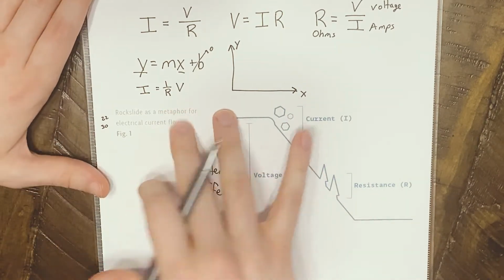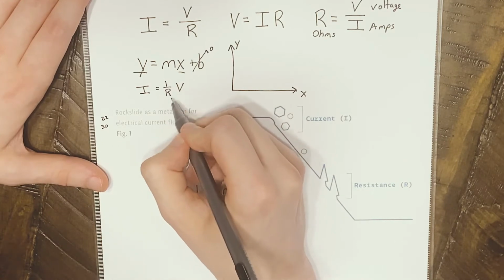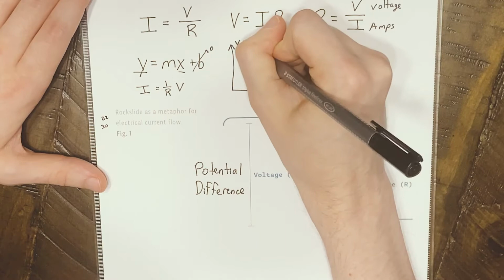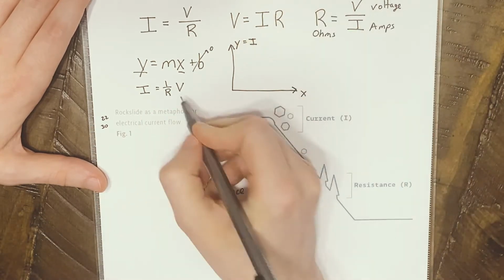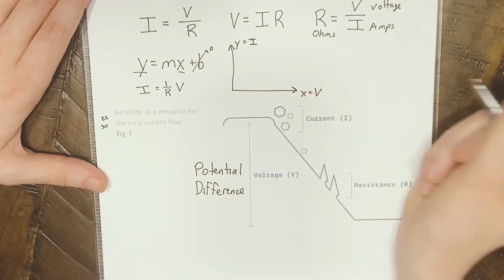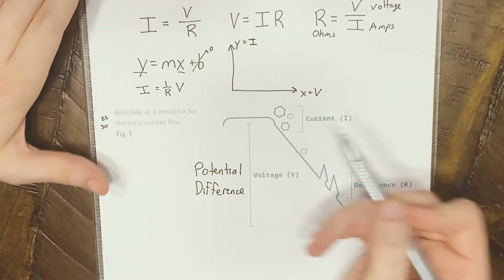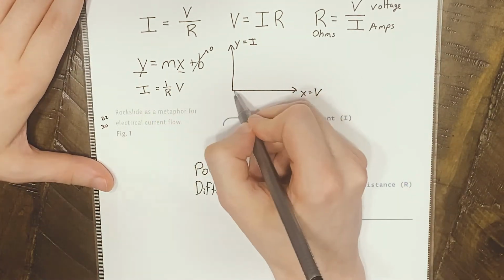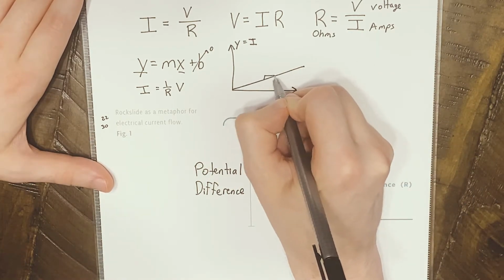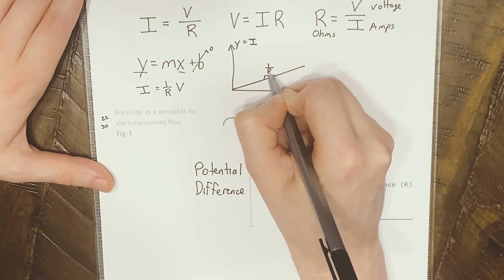If we do this, we know that 1 over r is our slope, I is current, and v is x down here, which is our volts. So doing this, we can actually draw this line where this slope here is 1 over r.